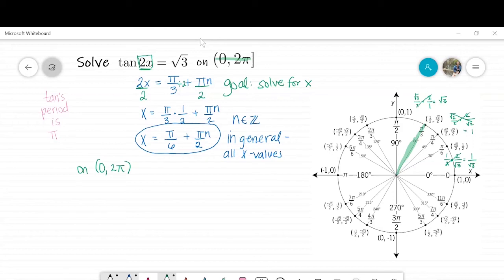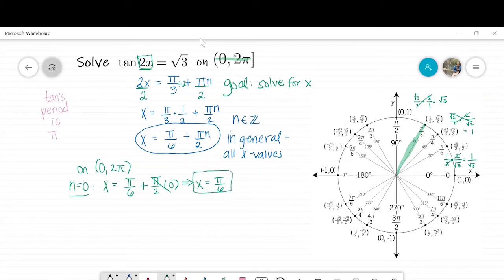If I plugged in a -1 right here, that would take us in the negative direction. So I don't start there. We usually start at n is equal to 0. So then x, as a solution, I'm just going to plug in different values for this. So we have pi over 6 plus pi over 2 times 0. Well, that whole thing is 0, and we're left with x is pi over 6. That's one solution.